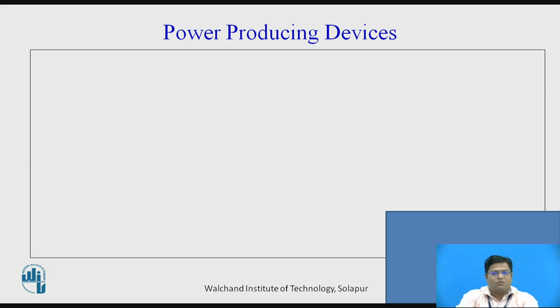Dear, as we know, there are two types of devices. One is a power absorbing device and another is a power producing device. The devices which are used to absorb the power for producing the work are called power absorbing devices. The examples of power absorbing device are a pump and compressor.